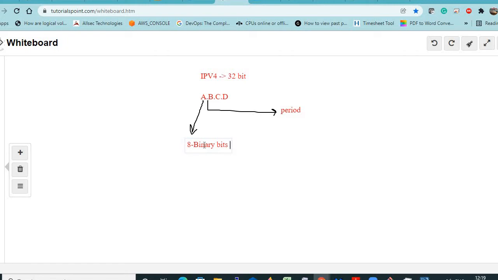These 8 bits we write from right to left. I cannot write from right to left because this is a laptop, so I am going to write left to right.